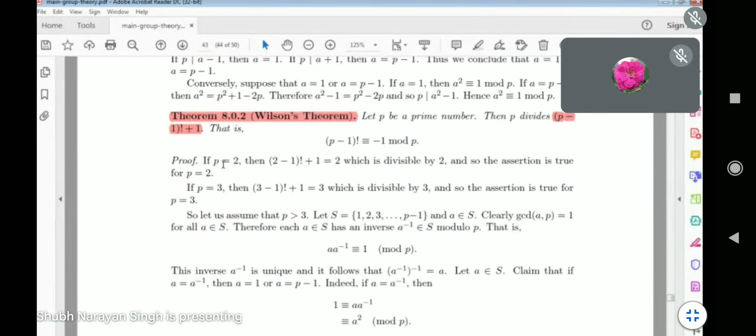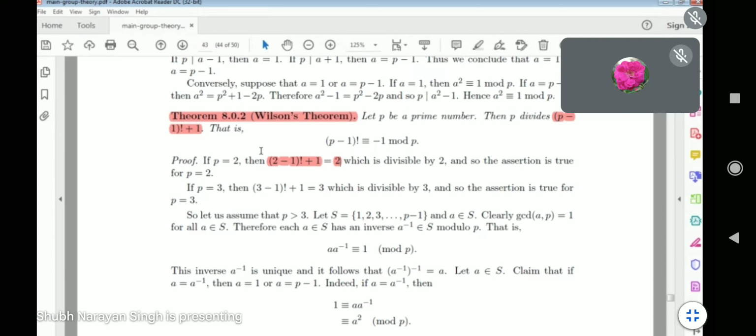In the first case, if p is equal to 2, then (p minus 1) factorial plus 1 is nothing but (2 minus 1) factorial plus 1, which is equal to 2, and you know that 2 is divisible by itself. That means if p is equal to 2, Wilson's theorem holds, meaning it is true.